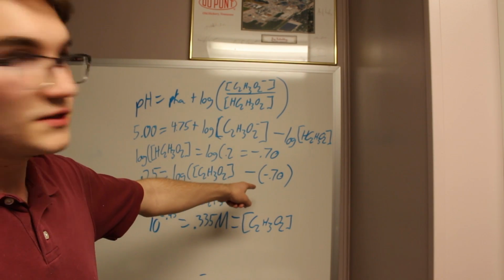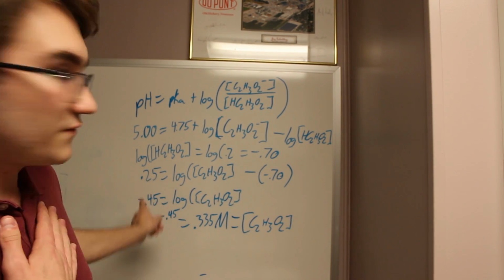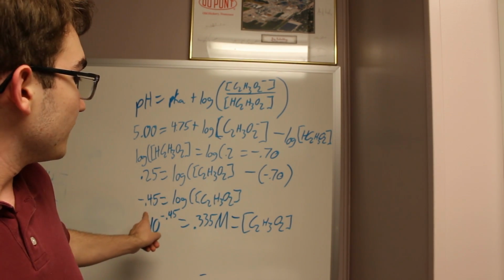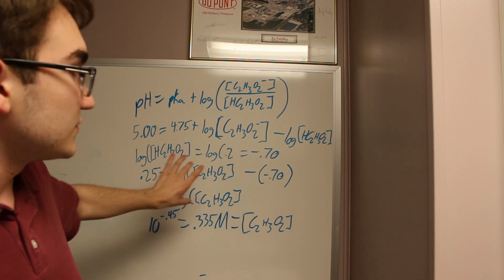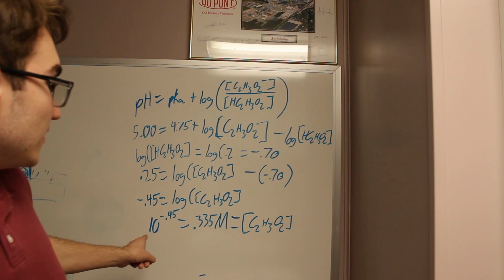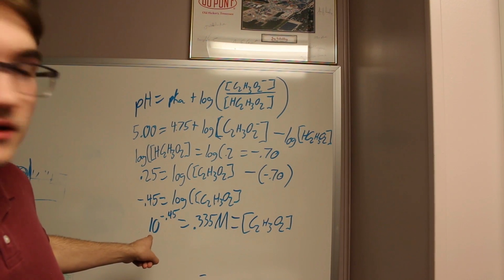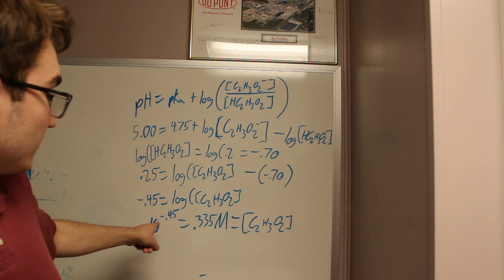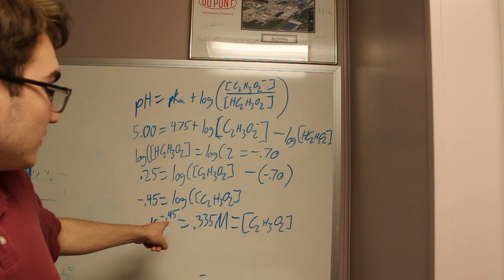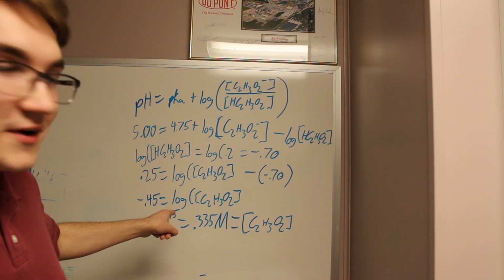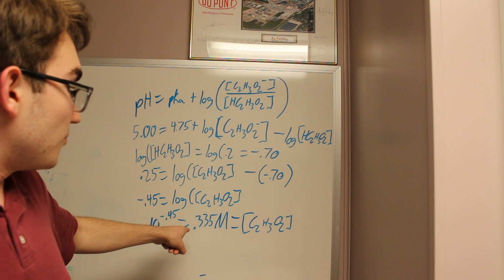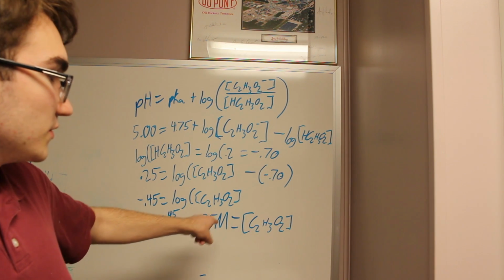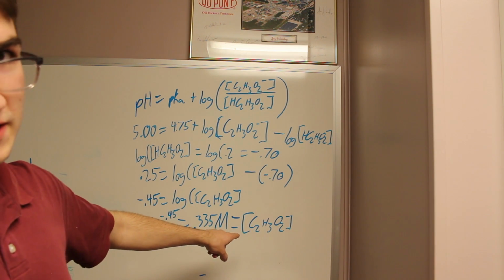If we add 0.70 to 0.25, we get negative 0.45, which then equals the log of the acetate, because we've canceled everything else out. Then we take the negative log of negative 0.45, and that equals 0.335 molar, which equals the concentration of the acetate.